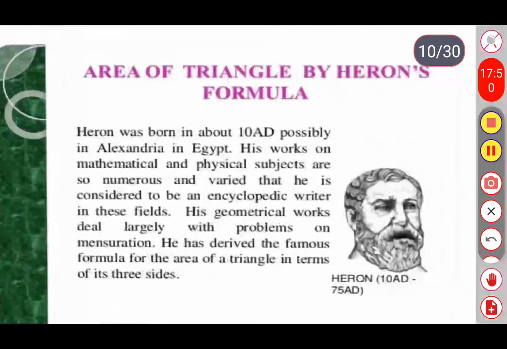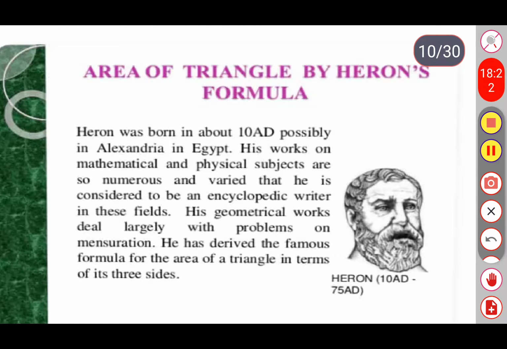Next, area of triangle by Heron's formula. Heron was born in about 100 AD, possibly in Alexandria in Egypt. His work on mathematical and physical subjects is considered encyclopedic in this field.